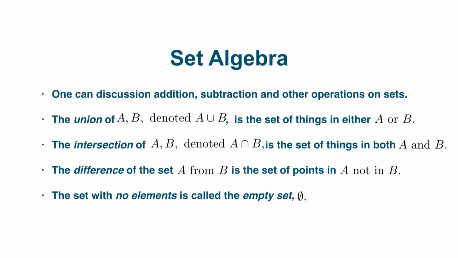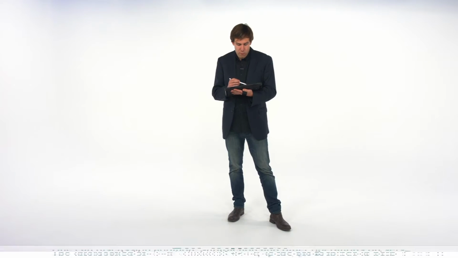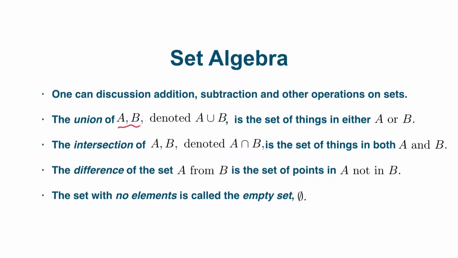We can define notions of algebra that perhaps are familiar by now. We've seen these for probability theory. We've also seen them for mathematical logic. These are just notions of or and and, notions of intersection and union. So as for probability theory, we see the union of A and B is the set of things in either A or B. So it grows the two sets. It puts them together.